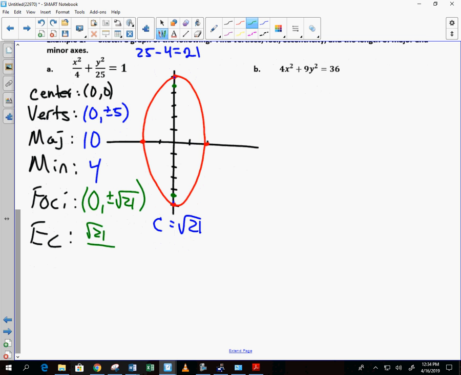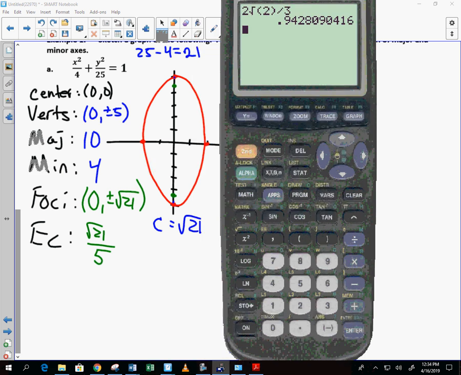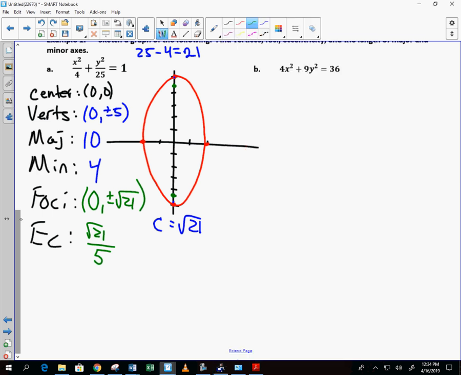What's the A value? 5. I'm going to actually divide that out. I know my answer should be between 0 and 1. If it's not between 0 and 1, I did something incorrect. So I take square root of 21, parentheses, and divide that by 5. And I get 0.92. So you can see that this is a fairly stretched ellipse in the vertical direction. The larger value is under y. That makes it stretch vertically.